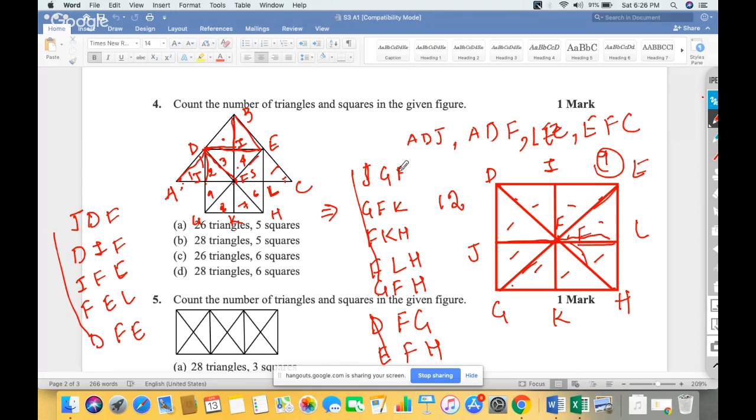Now in this particular square, I did not take 4 triangles.